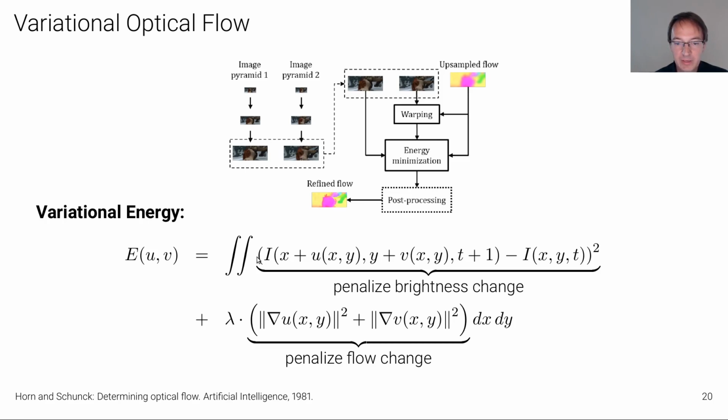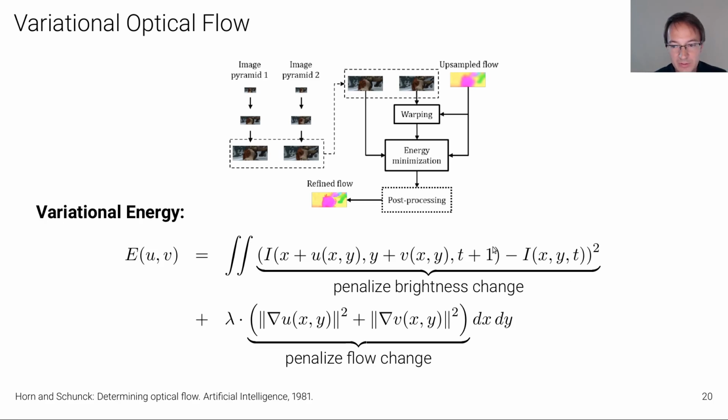So here, the brightness change term measures the difference of the intensity of the pixel at xy at time t and the pixel displaced by the optical flow field U and V at the next time step, and tries to enforce that for the correct optical flow, the pixel intensity is the same. This is the constant brightness assumption.